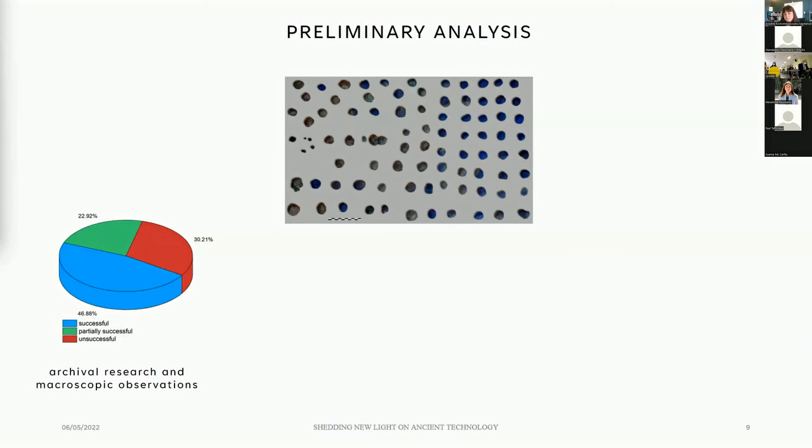So the successfully produced pellets had a saturated blue color, while the unsuccessful pellets had anything from gray to brown, and the partially successful pellets were those that had blue observable on their surface, but they also had other colors, mainly green.